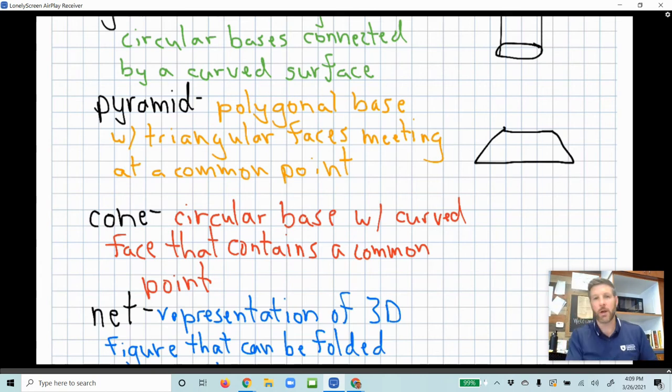Okay, so it's got a polygonal base, and then all the sides, rather than going vertical and parallel, or I'm sorry, perpendicular and parallel, they all have to meet at a common vertex. So if I make my vertex here, then we just connect all these points. That doesn't look very good because the line matches up so much with the other. Yeah, we'll do something like this.